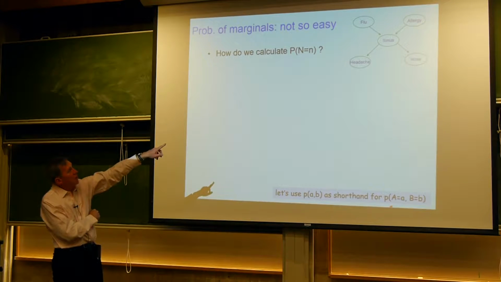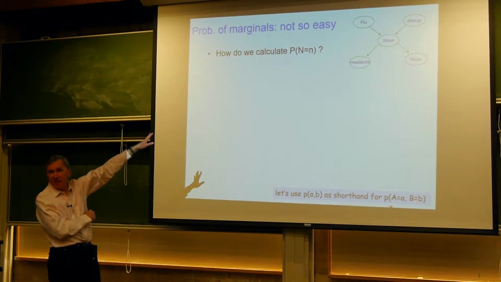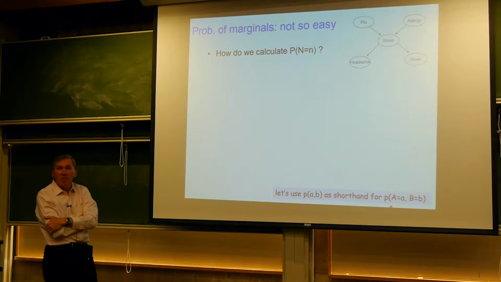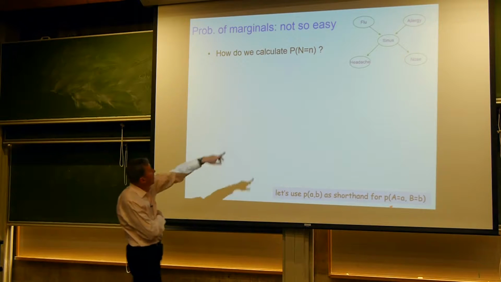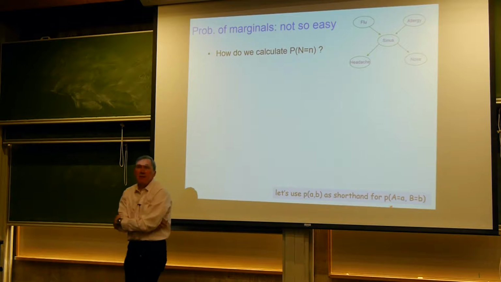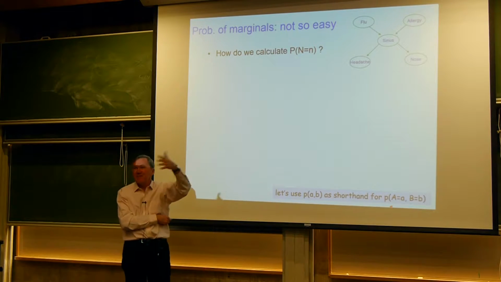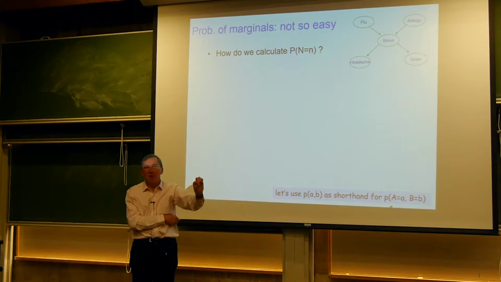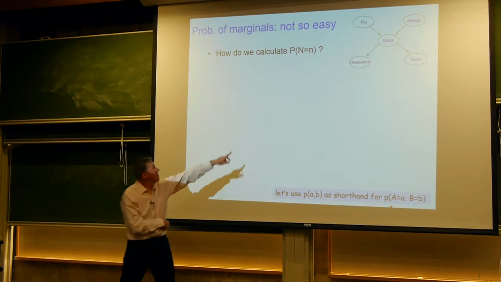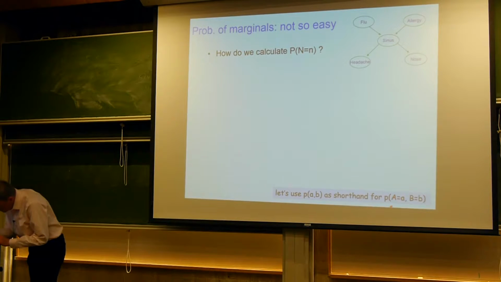Right, so I could sum over all the possible assignments for these 5 variables, but only sum over the ones where nose takes on the value little n. That's the same as going back to the joint distribution table and summing up the rows that happen to have uppercase N equals little n. So that would actually be a reasonable way to do this.